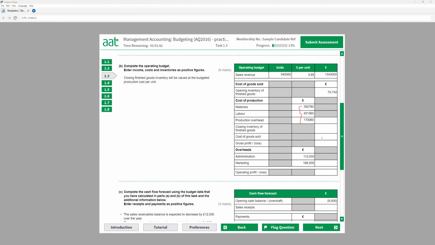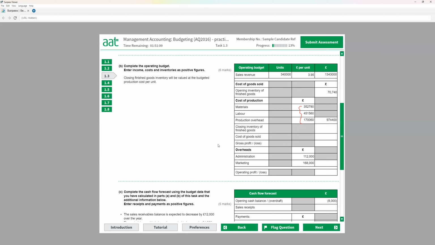If we add these three, it will be 352,780 plus 451,560 plus 170,060. That gives me 974,400. I have to use this one to find the closing inventory value.